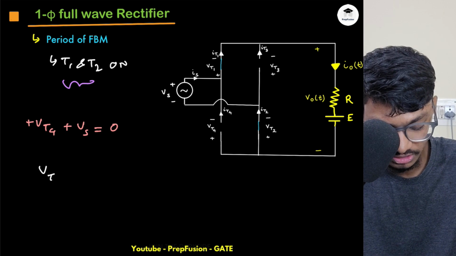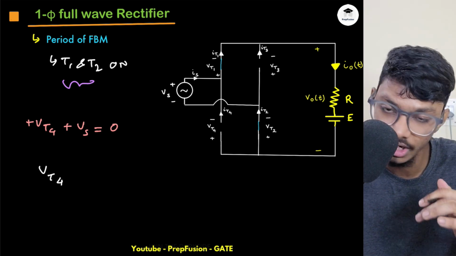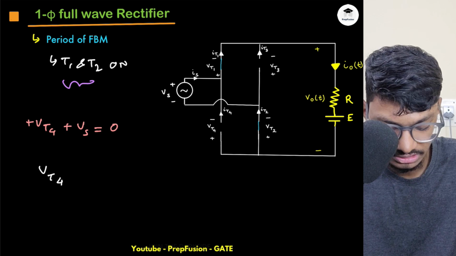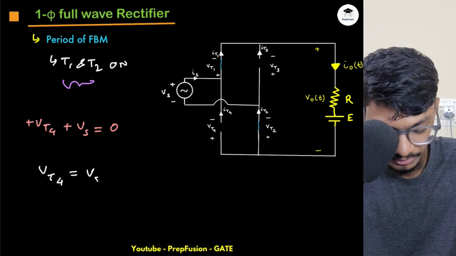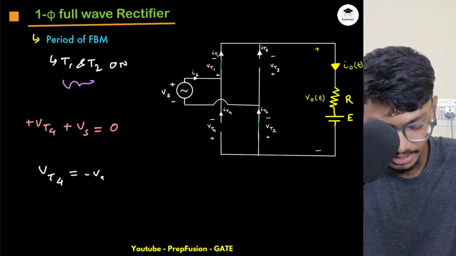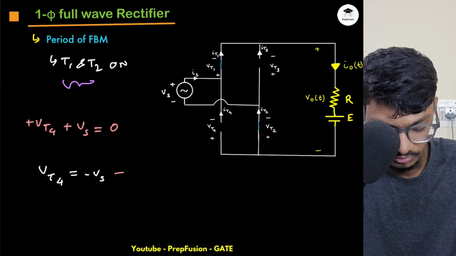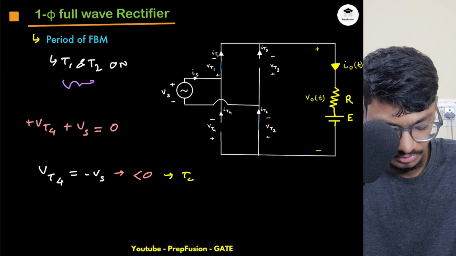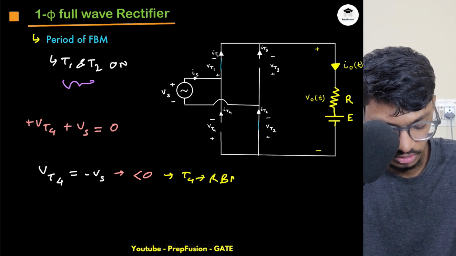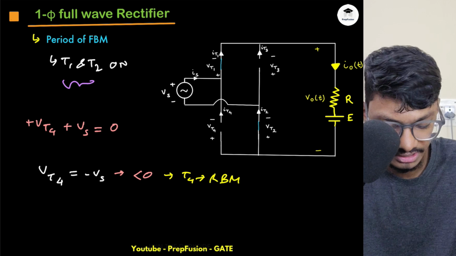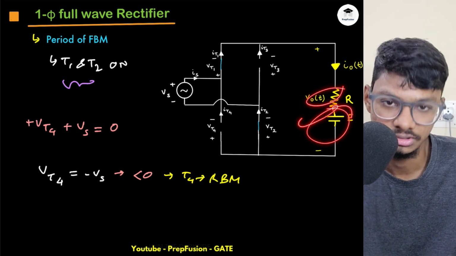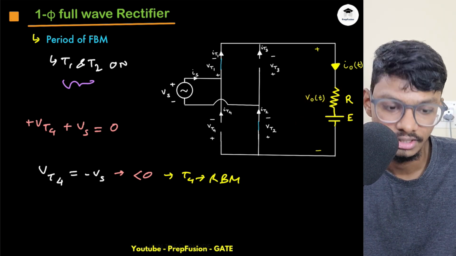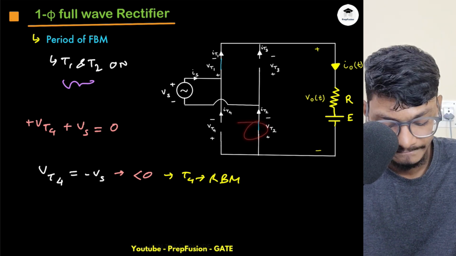This time my VT4 is not V by 2, because both the diodes are not equally blocking. This time my VT4 is minus Vs directly, and I can safely say that this will be less than 0. Hence T4 will be in the reverse blocking mode. It will not turn on. There is a simple E and R load, there isn't any inductive load, so that cannot turn on this thyristor.